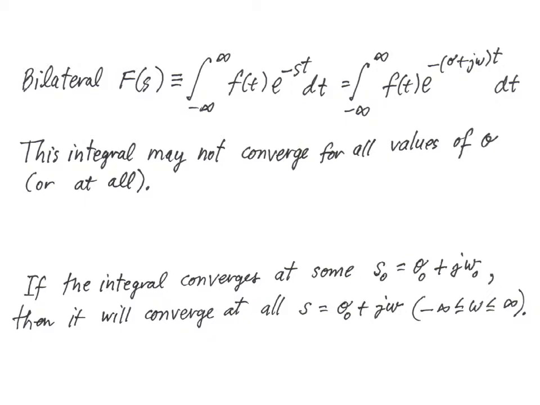The line defined by sigma sub 0 plus j omega, where omega is allowed to vary from minus infinity to plus infinity. So this gives us insight into the regions of convergence that may be present. They all will look like vertical stripes that include all values of omega for a particular value of sigma.